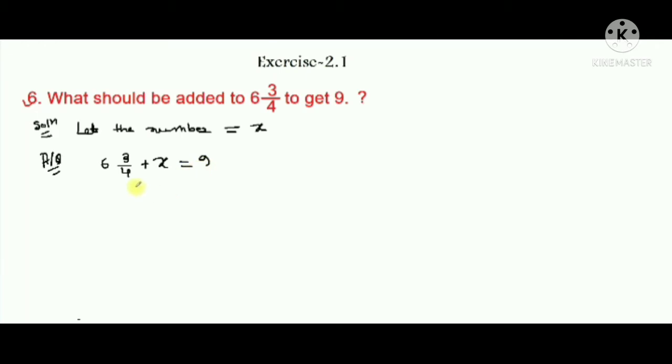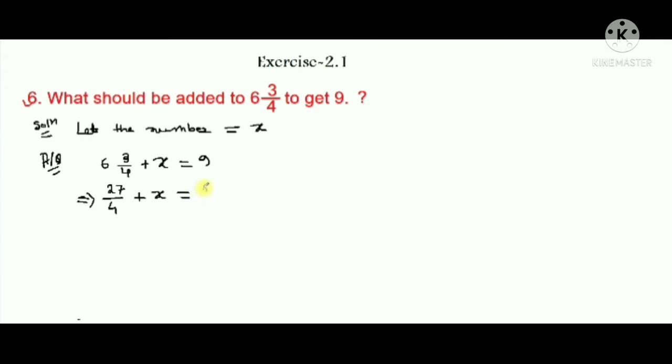Okay, now we simplify it. So here equal to, now 6 3/4 is a mixed number, so we'll convert this into an improper fraction, right? So 6 times 4 is 24, plus 3 is 27, right? Okay, now here you give the equal sign and then plus x, and 9.